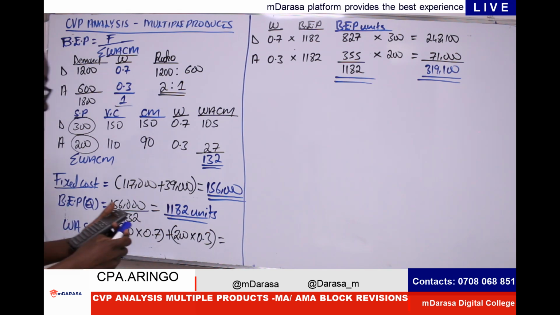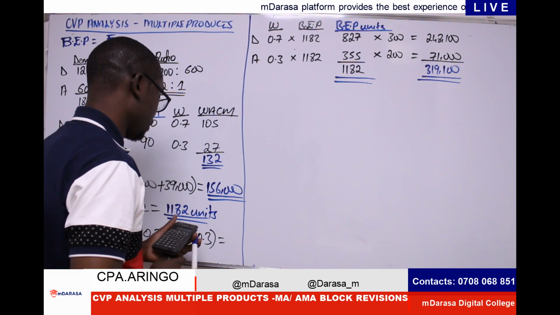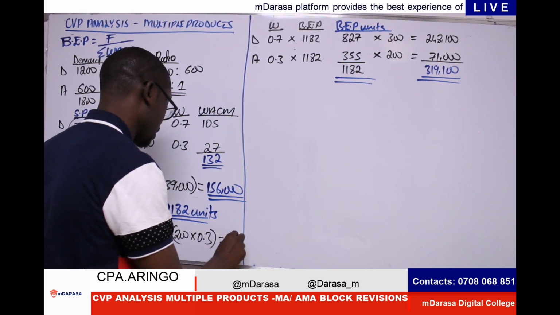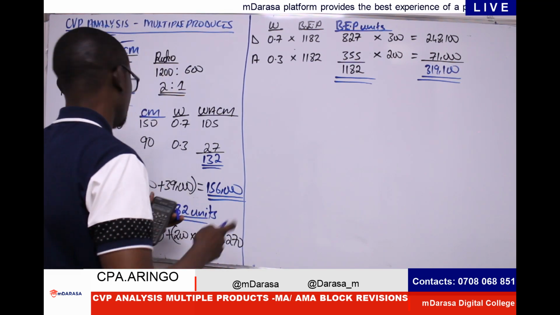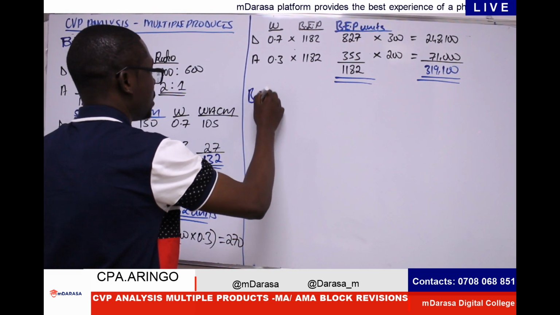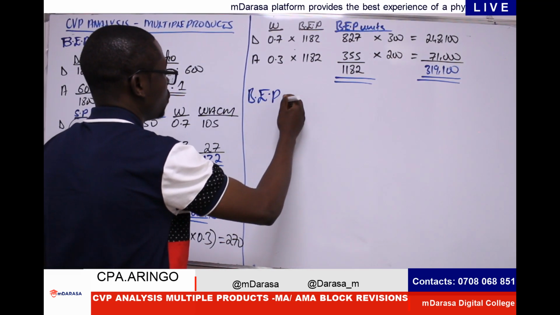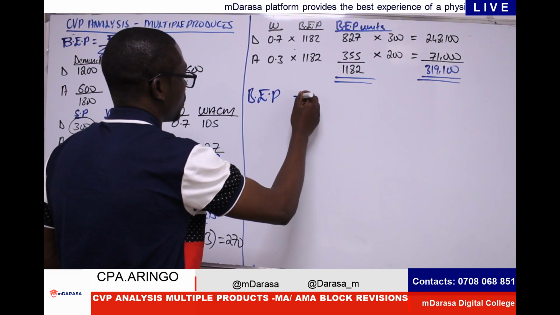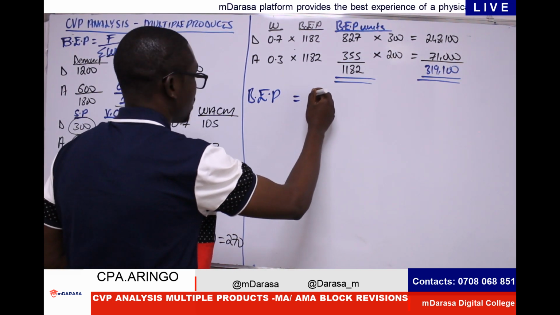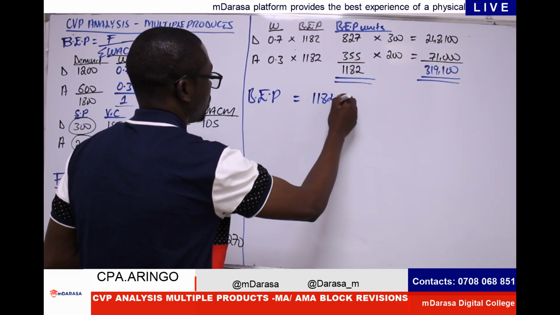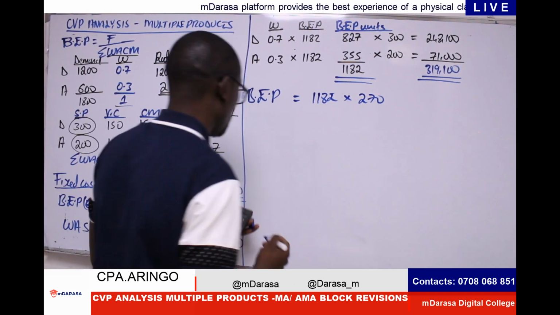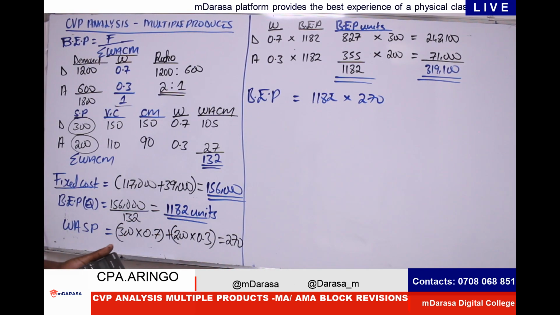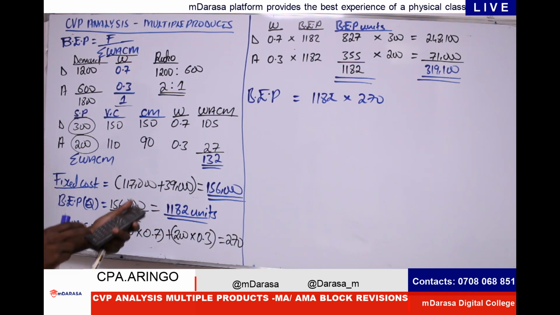So break-even point in value for the two products, we can take our break-even point in units times the weighted average selling price.